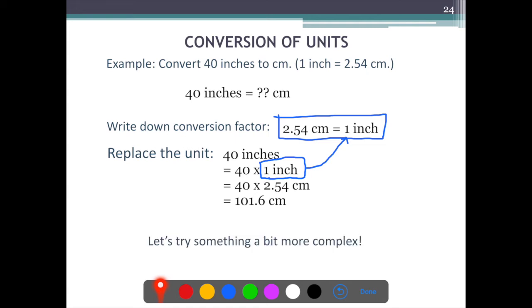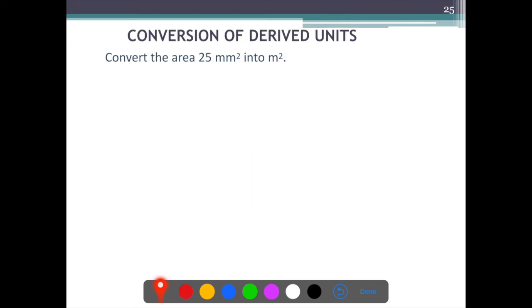Okay. All right, let's try to convert something a bit more complex. We have here now a derived quantity, a quantity with derived units. We want to convert the area 25 millimeters squared into meters squared.